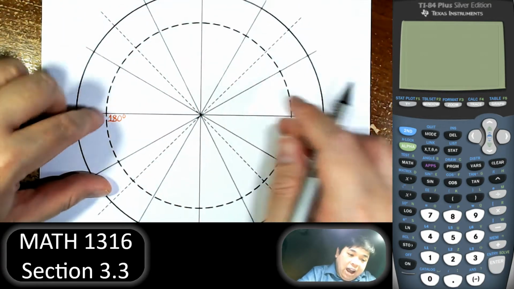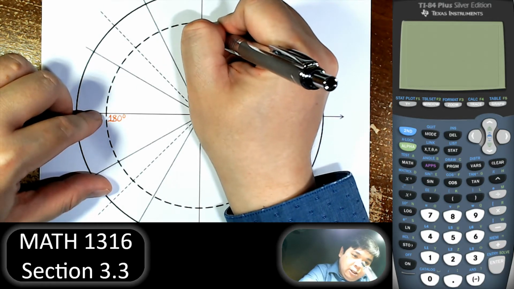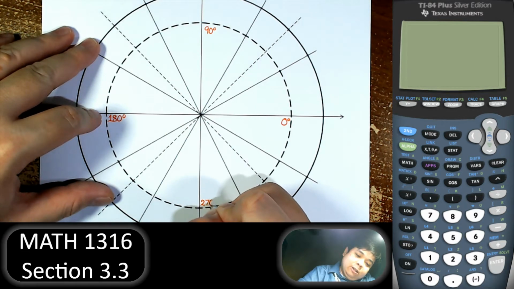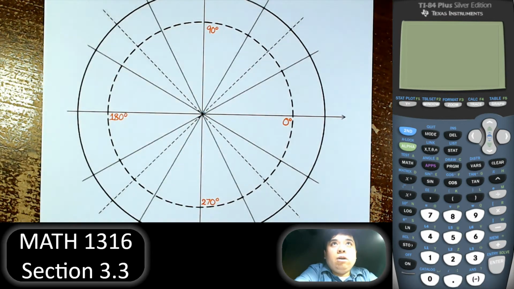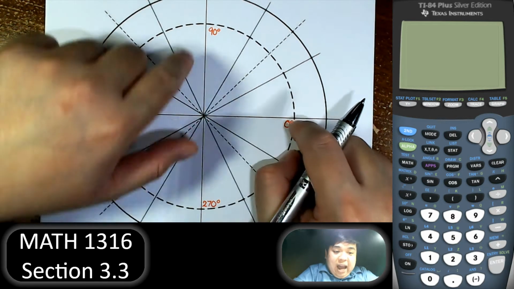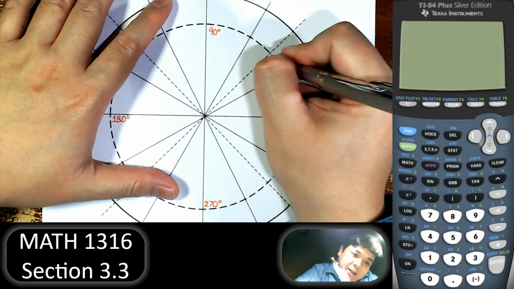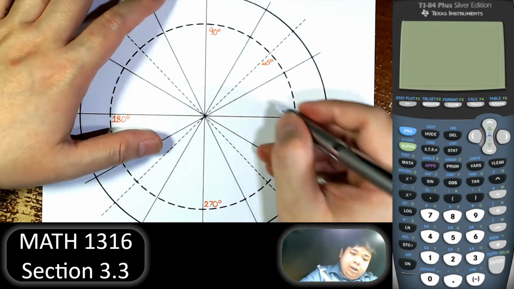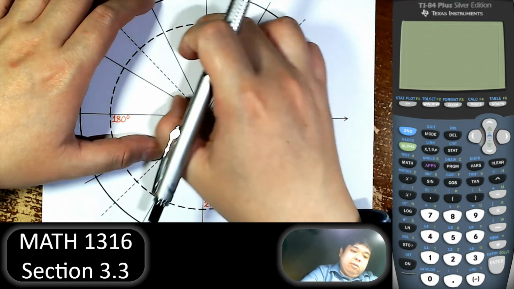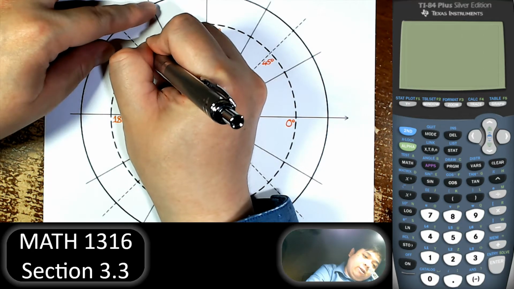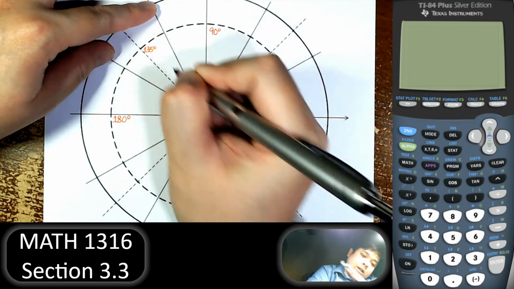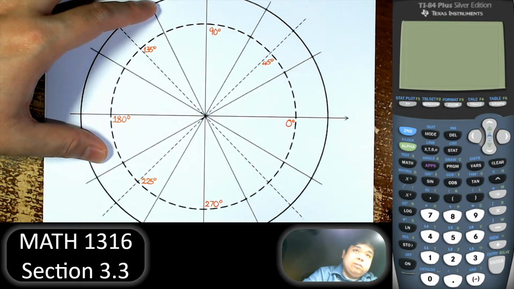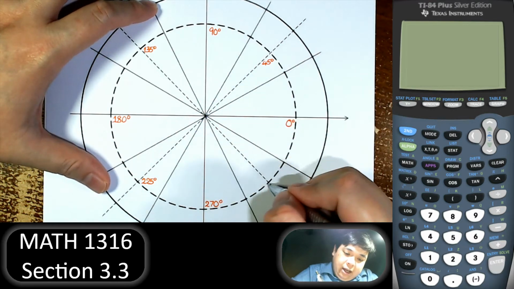Half of 180 is 90. And here's 270. And then half of 90 is 45. So 45, 90, and 90 plus 45 is 135. And here's 225, and here 315.